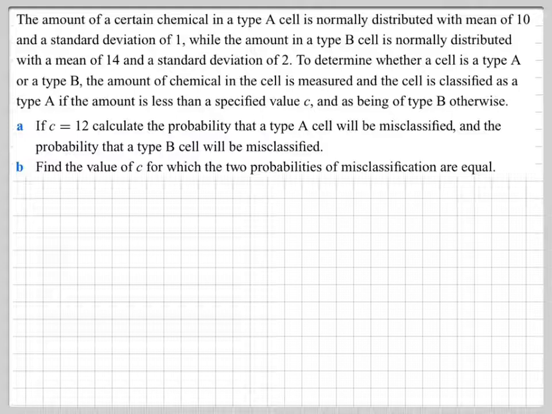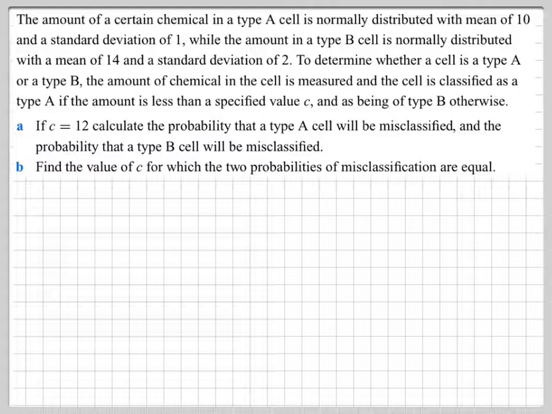Now, we've got a certain amount of chemical in a type A cell that is normally distributed with a mean of 10, standard deviation of 1. Yeah, got that. And the amount of the same chemical in a type B cell is normally distributed with a mean of 14, that's higher, and a standard deviation of 2, so it's also wider. So we're trying to determine, given a random cell, if it's a type A or a type B, and the amount of chemical is the determinant of this.